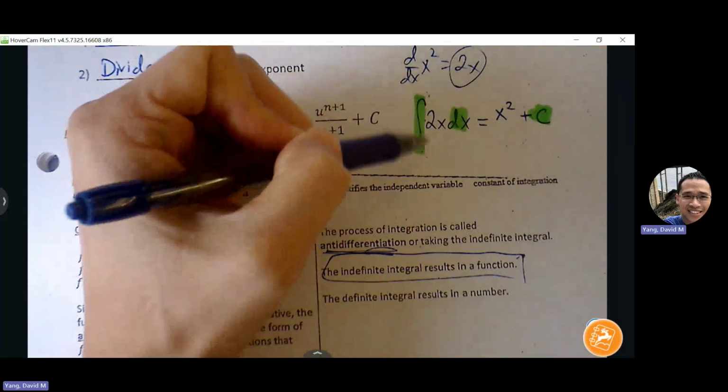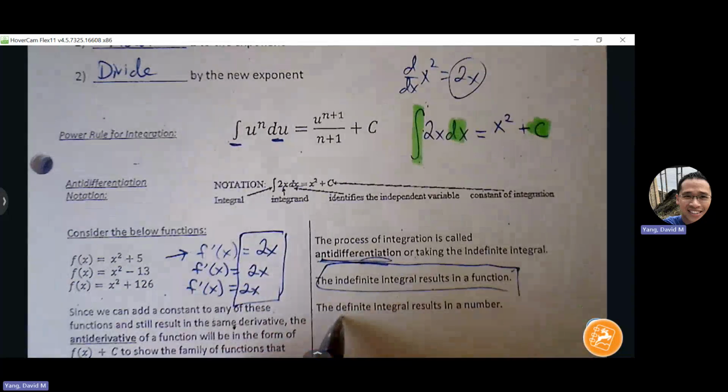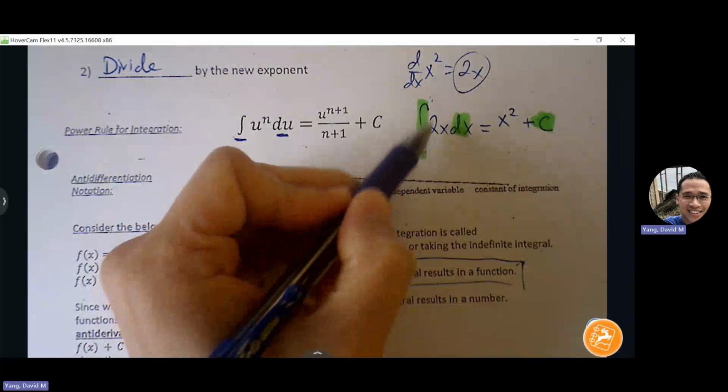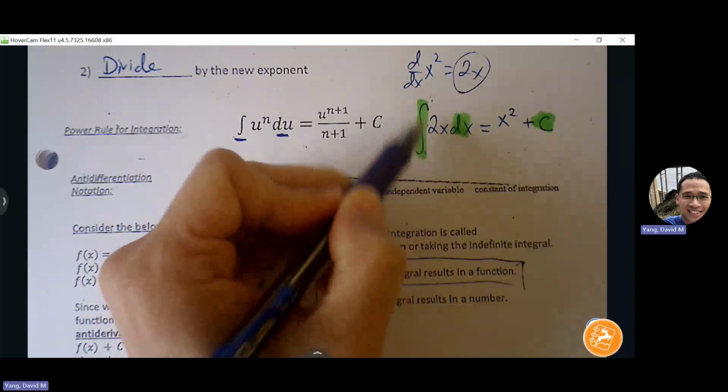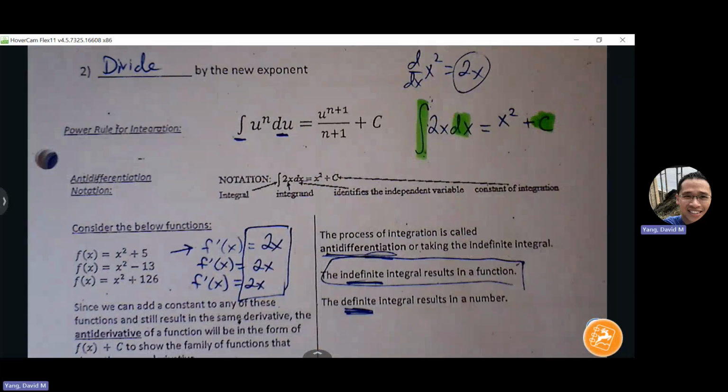Once we involve bounds, then we can begin to create the area of a region that we're asking for, and that's where the definite is going to come in. Indefinite means you have the integral notation without a number associated above and below on that integral notation.